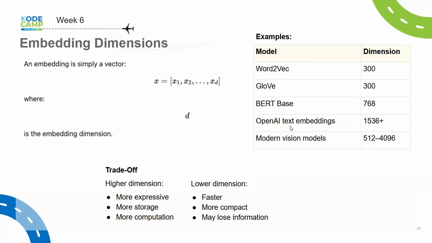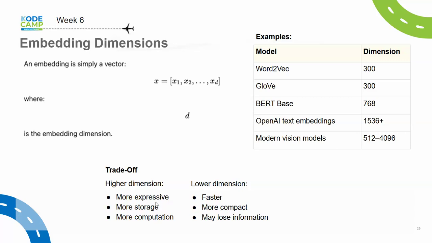Then OpenAI has text embeddings as well. OpenAI's embedding models can have up to 1,536 different floating point numbers in that list. That's the embedding dimension. And modern vision models have even more because there's a lot more information in pictures, in images, in videos, right? So we also have a trade-off to think about when you want to select what type of embedding model to use.